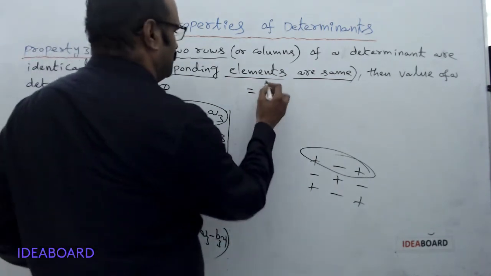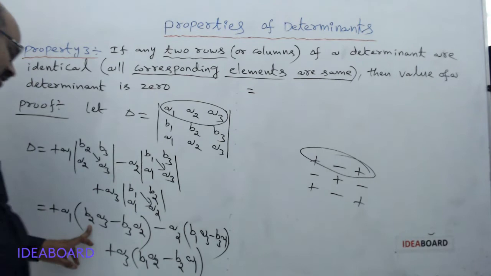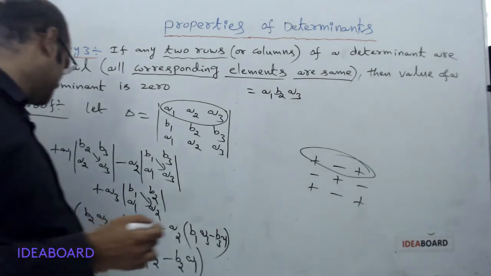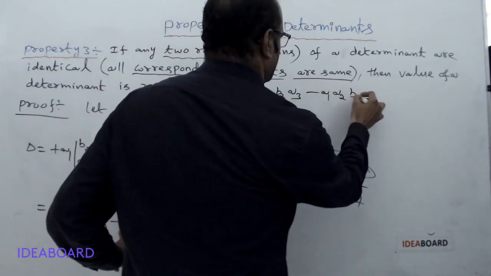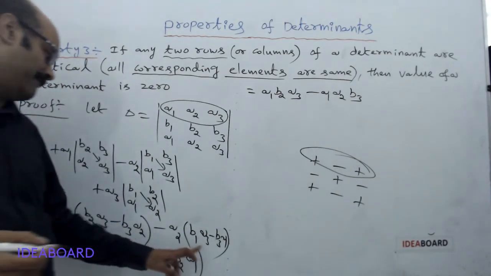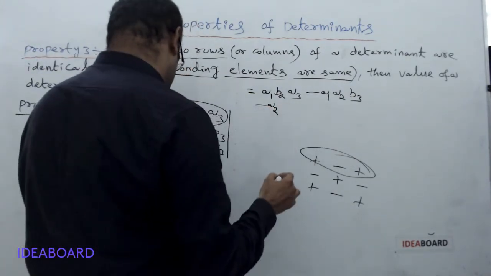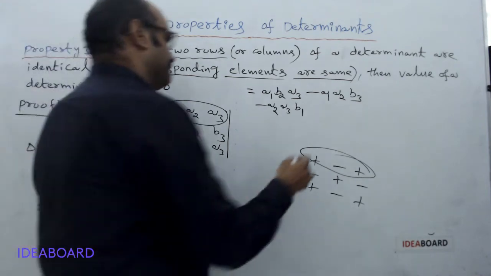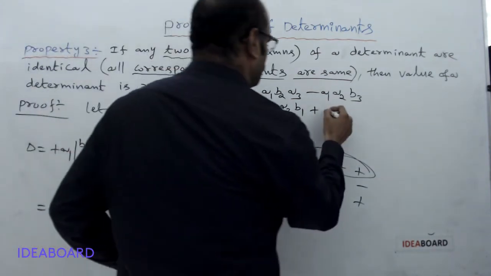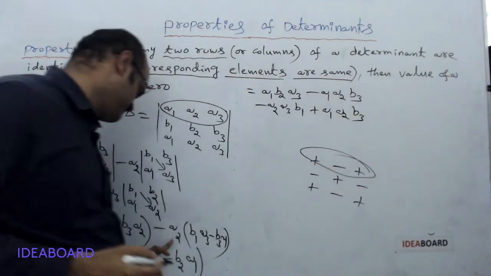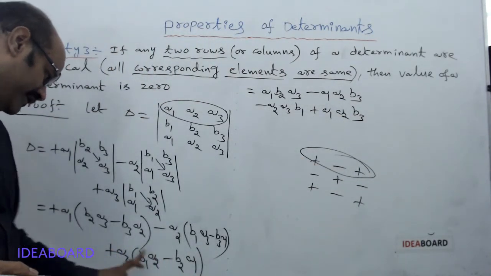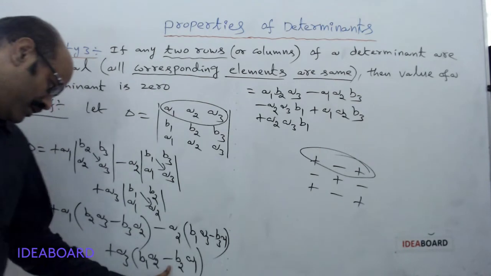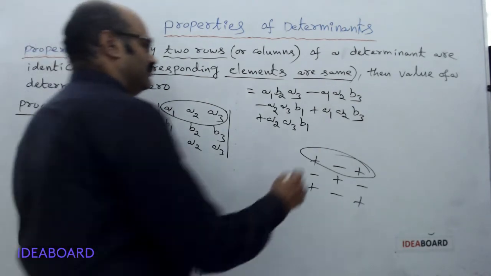It equals A1 B2 A3 minus A1 A2 B3, now minus A2 A3 B1, minus into minus plus A1 A2 B3, next plus A2 A3 B1, minus A1 A3 B2.